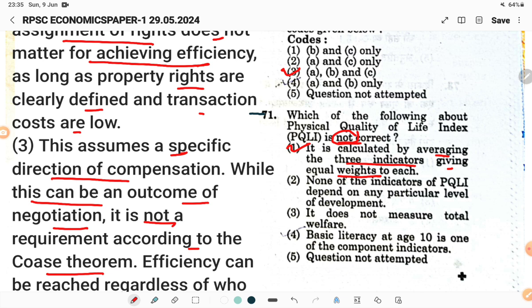That's why statement 1 is not correct here, and the other three statements are correct. None of the indicators of PQLI depends on any particular level of development, and it does not mean total welfare.